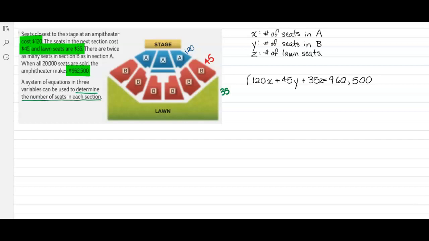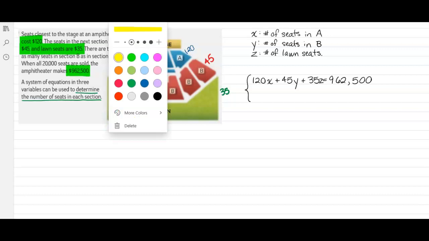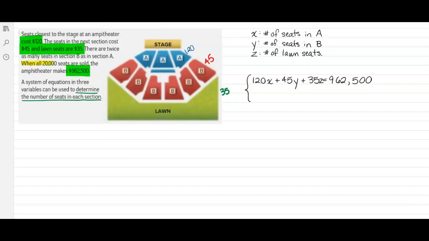Now remember, 3 variables, we need 3 equations, and that's just one equation. We also know, though, that all 20,000 seats were sold. Okay, 20,000 seats total. That means if I take X, Y, and Z and add them all together, I should get 20,000.